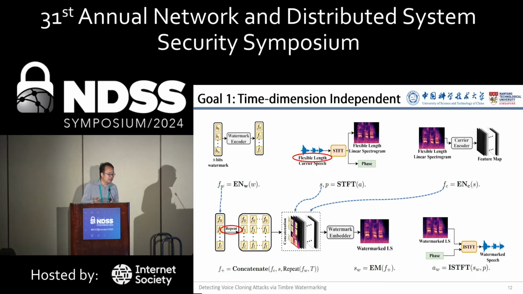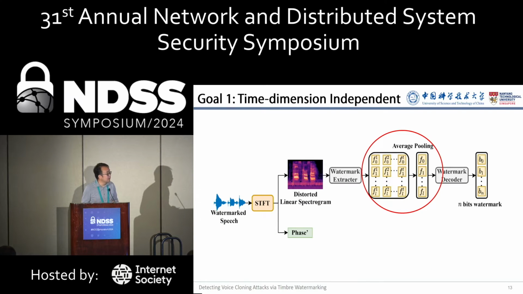After that, we use a watermark embedder to do the watermark embedding, and then we perform the inverse Fourier transformation to transform from the watermarked frequency domain back to audio. So this is the process of the watermark embedding.